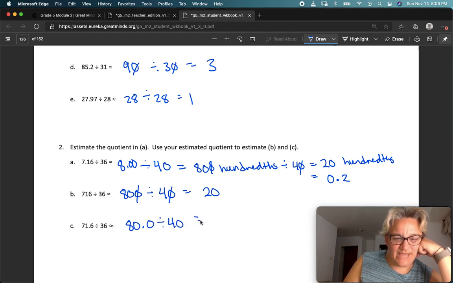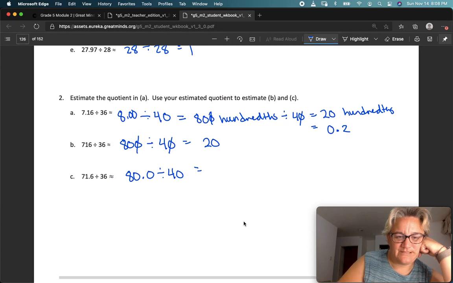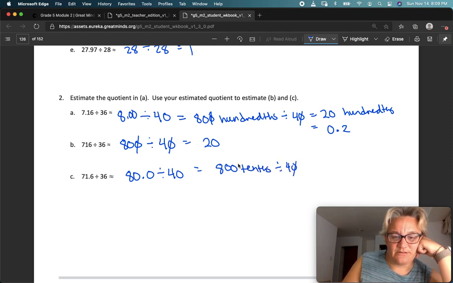And then that one would be 800 tenths divided by 40, which would equal, you got it, 20 tenths. And 20 tenths equals 2, right?